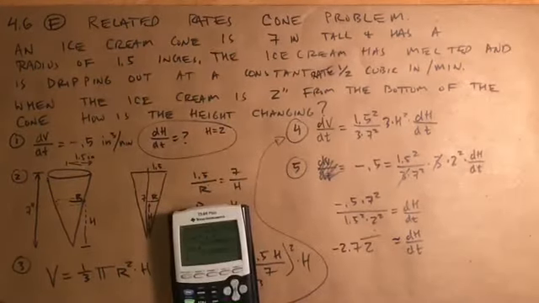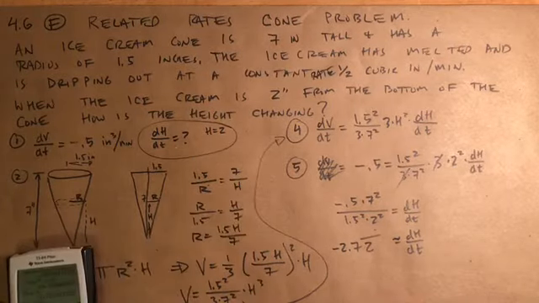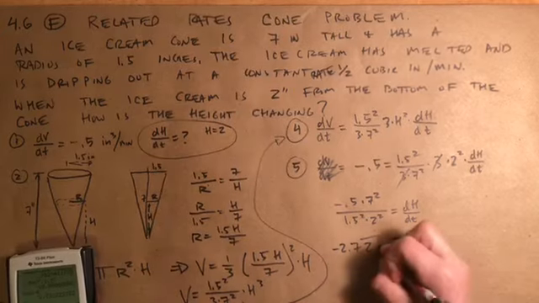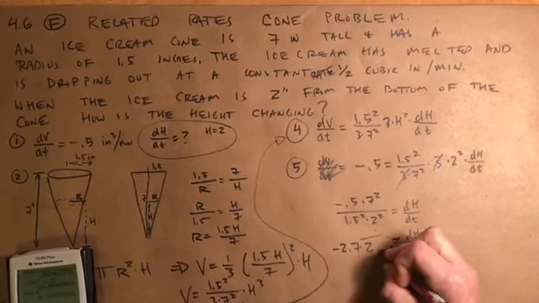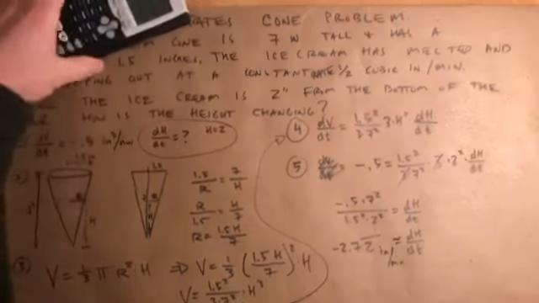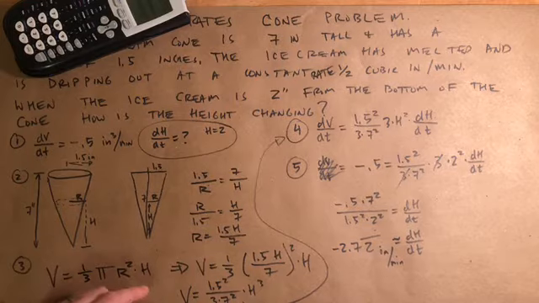So we got dh dt is equal to negative 2.72, and the units of this should be inches per minute. So it looks like in 1 minute, all of our ice cream will be gone because we were only 2 inches off the bottom when this thing went down.